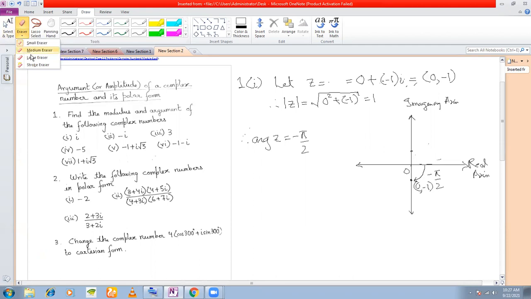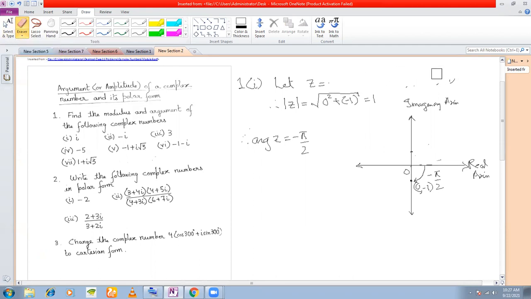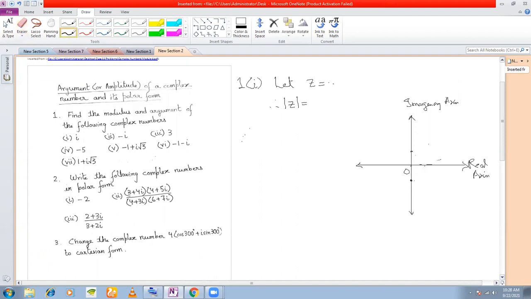Let us take the third one. The third one is 3, which can be written as 3 plus 0i, which is (3, 0) in ordered pair form. So what is the modulus?